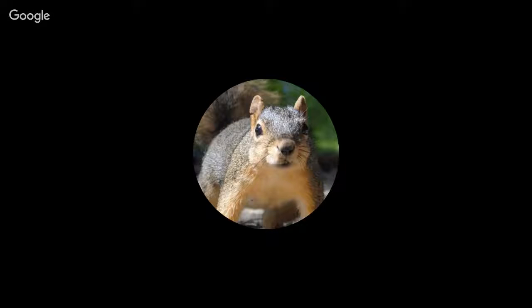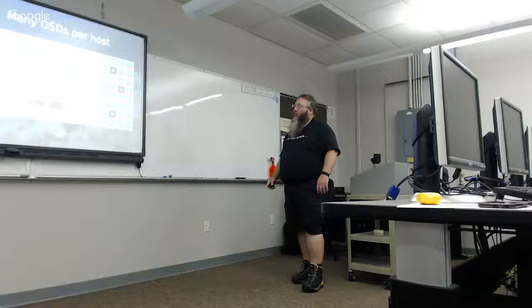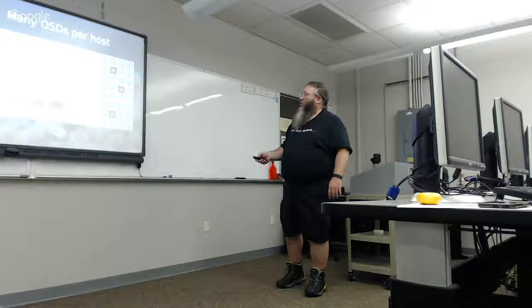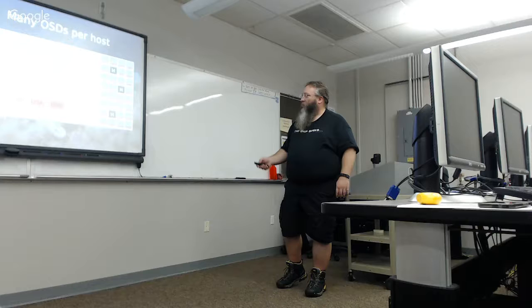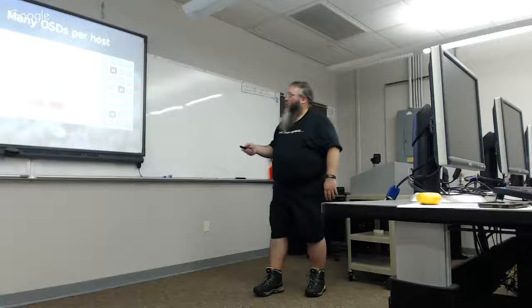You can run more than one OSD per node. So if you've got a system with 4 drive bays, 4 SATA ports, put 4 disks into it, or 4 OSDs, and you're good to go.